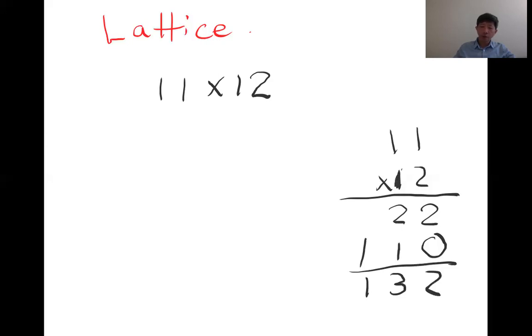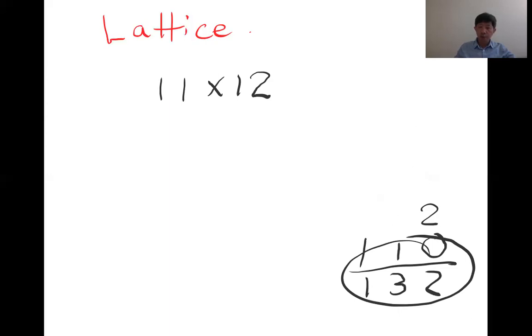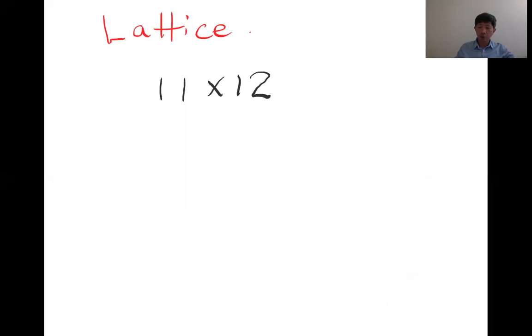The final answer is 132. We're going to show that we get the same answer with the standard algorithm. So I'm going to use lattice, and we can do this problem with the lattice method.